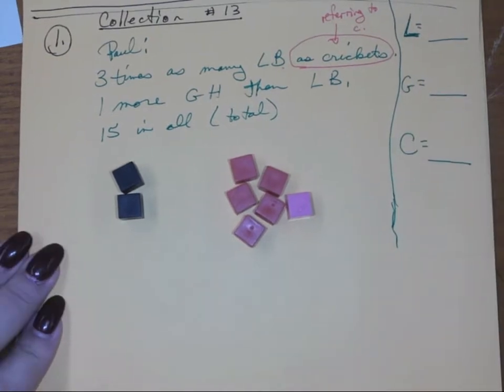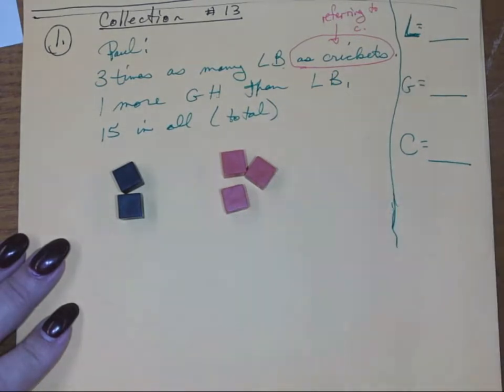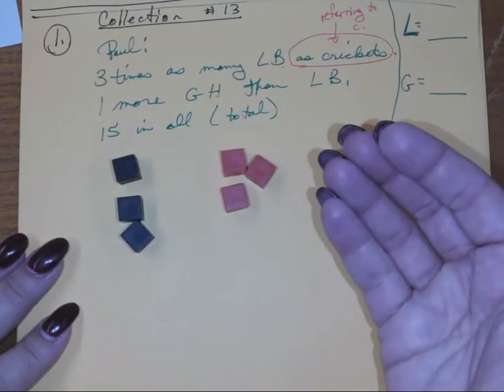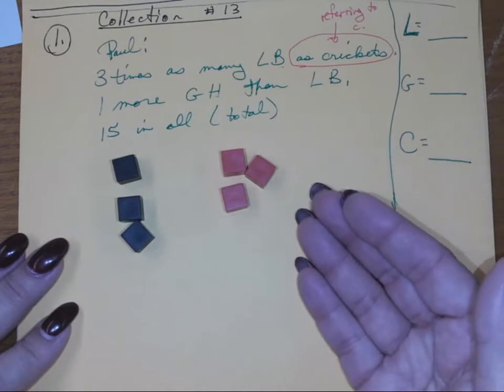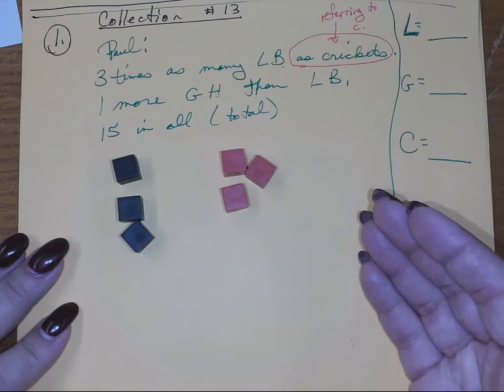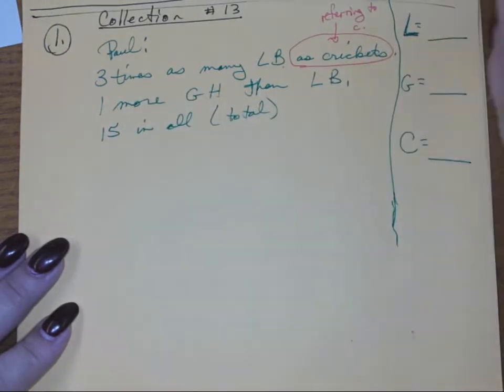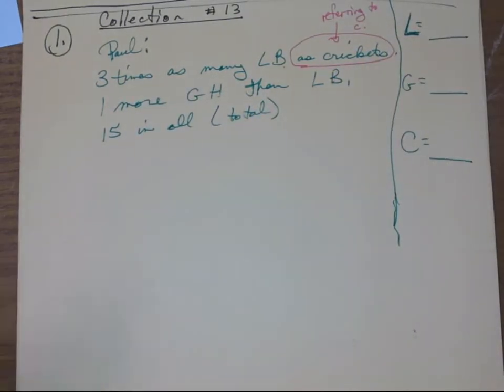But normally it's going to be difficult for me to just pick out of the blue, right? Let me pick another number. What if I thought there were 3 crickets? Okay, then there would be what? 9 ladybugs. And then there would be 9 plus 1, 10 grasshoppers, right? So then I'd have 10, 9, and 3. That's way too many. Okay? So it's going to have to be based off of what am I referring back to.